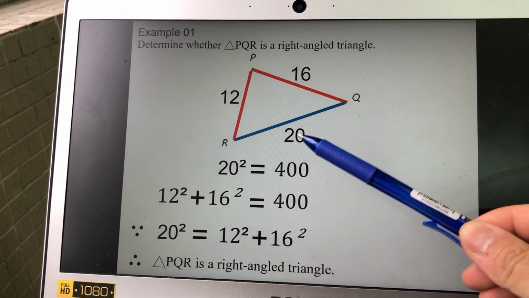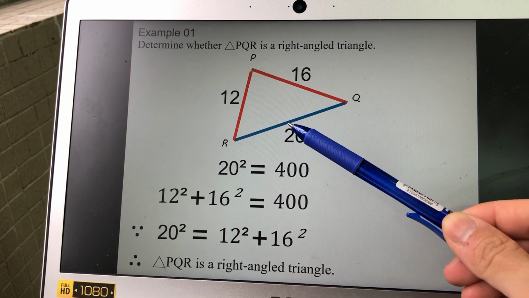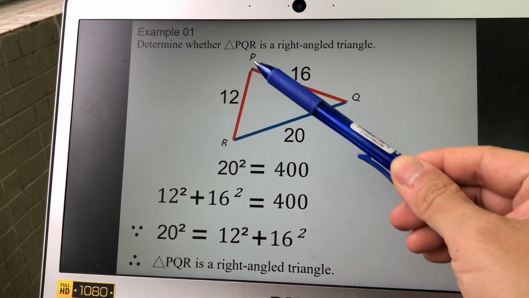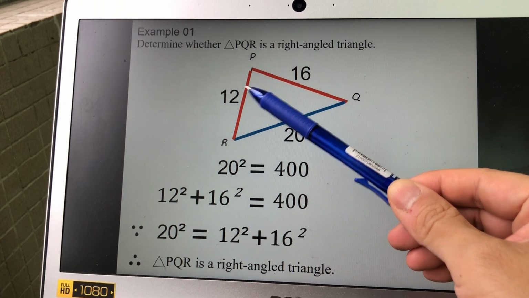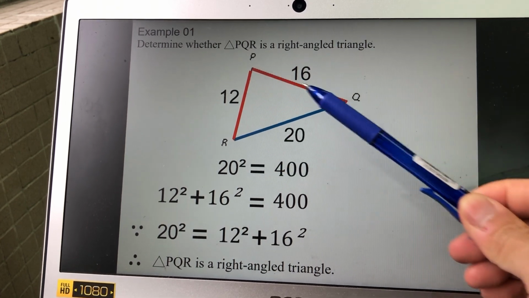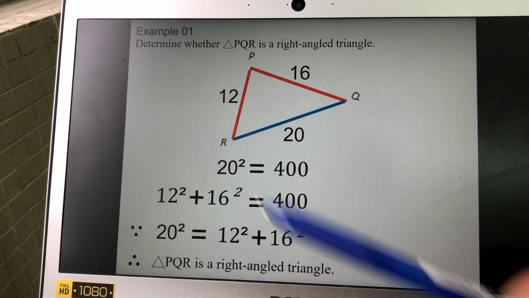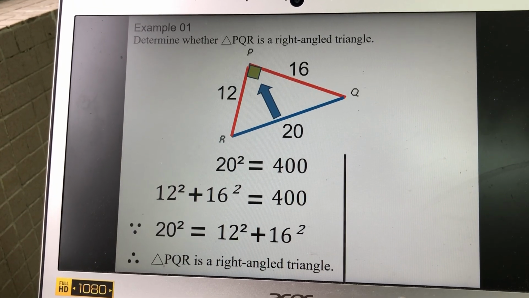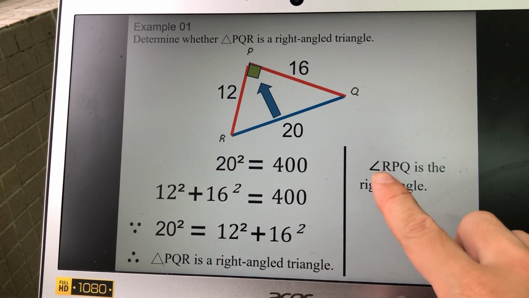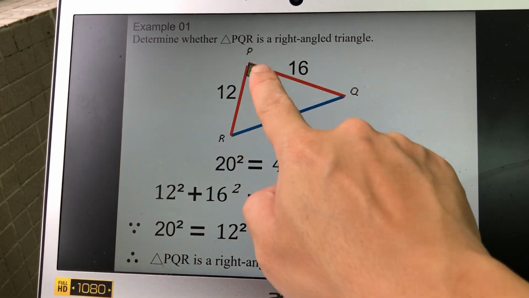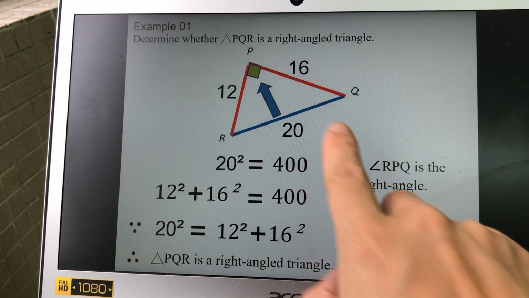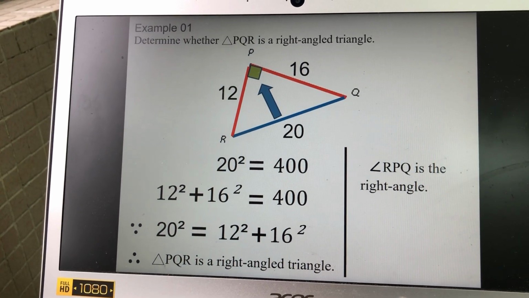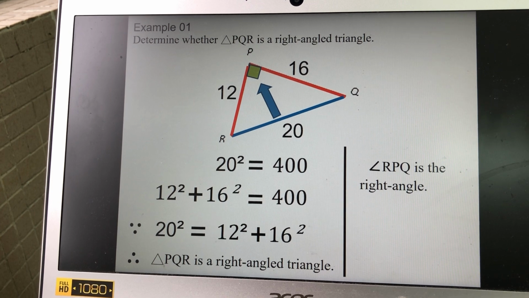This is the longest one, the hypotenuse, so the right angle is angle P, or you may also call it angle RPQ. So you also need to say that angle RPQ, from R to P to Q, the angle in the middle, is the right angle. This is the format you have to follow.